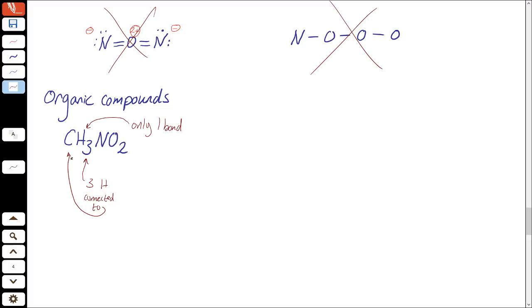The subscripts are only used when the things in the subscripts are connected to the previous atom. That actually holds for the nitrogen as well. That 2 means 2 oxygen atoms connected to this nitrogen.